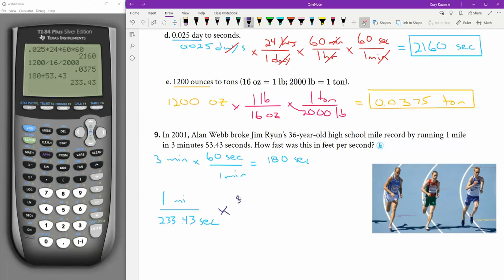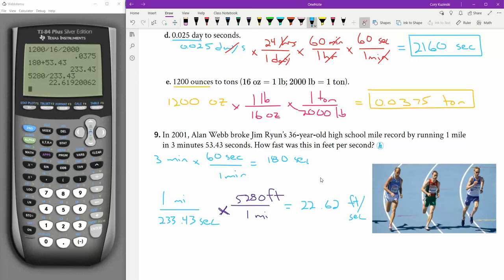It's a multiplication sign, sorry. 5,280 feet are in 1 mile. So 5,280 divided by 233.43. 22.62 feet per second.